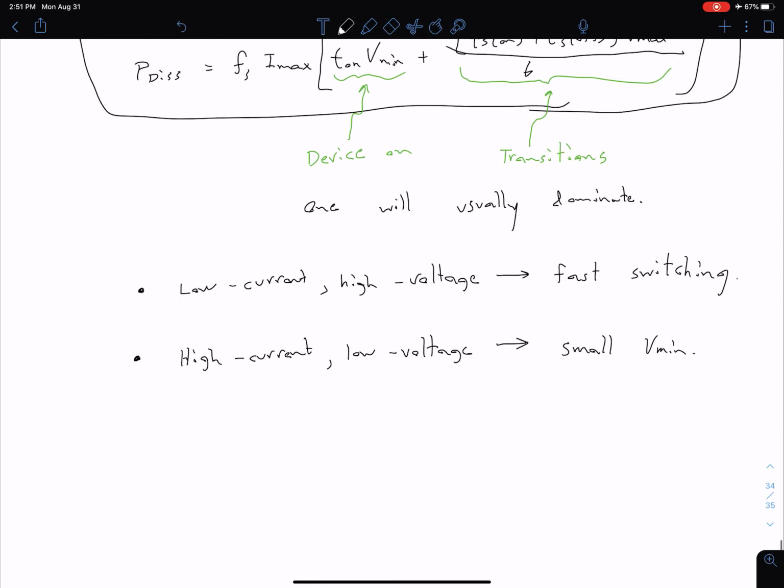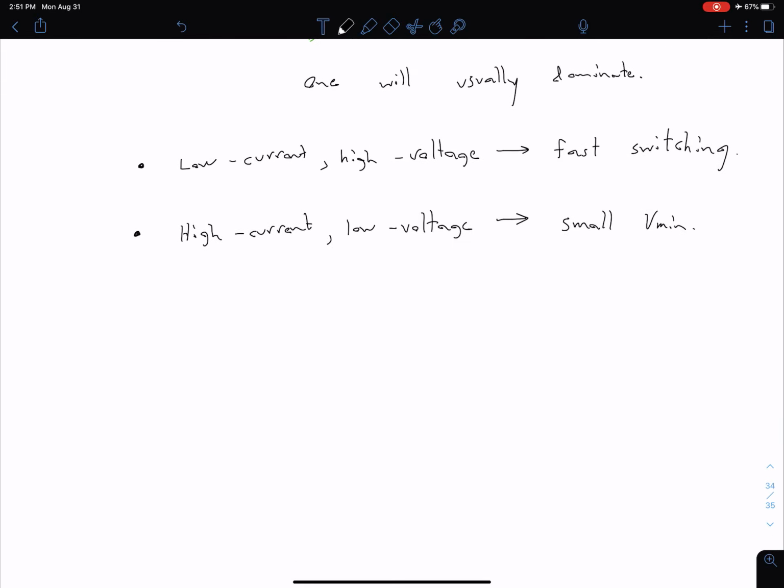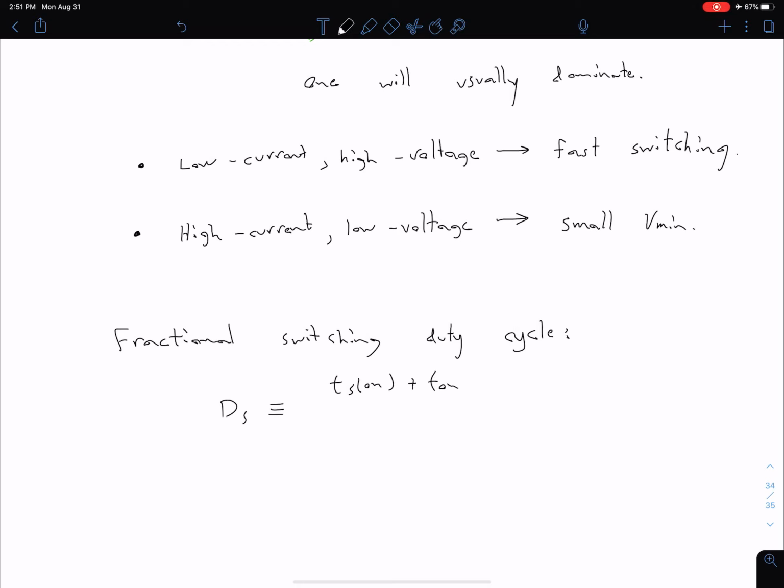One other thing I have in the notes that I want to mention, which wasn't brought up at the same time in the textbook but I think is relevant to see now, is our fractional switching duty cycle. That is defined as D sub S, and it's equivalent to our Ts on plus T on, divided by Ts.